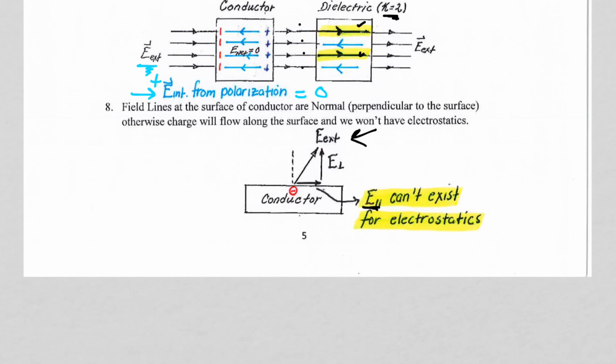That E parallel would allow electrons to flow along the surface of the conductor. Well, if electrons are flowing, that's a circuit, that's current, that's not electrostatics. Electrostatic means that the electric field, E external, must always be perpendicular. Always, always, always. So that's the actual E external.